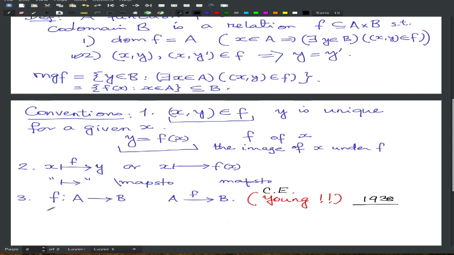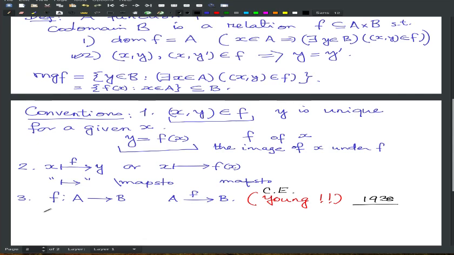The symbolism seems to get set with this idea very well, and we will see how this symbolism itself is going to revolutionize, in the sense it is going to make things much simpler in what we are going to say henceforth.